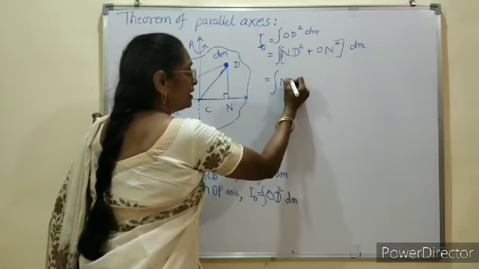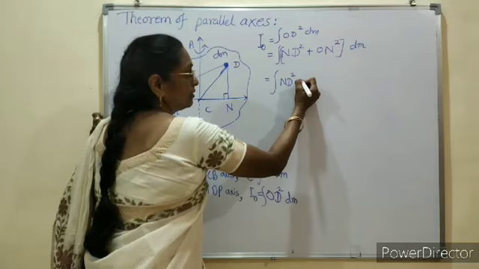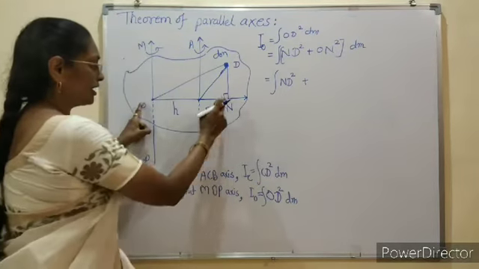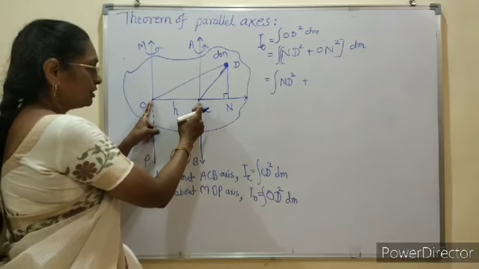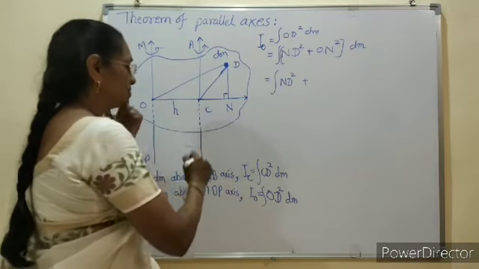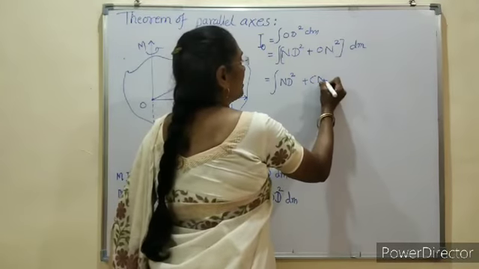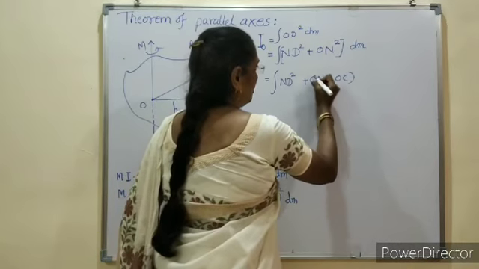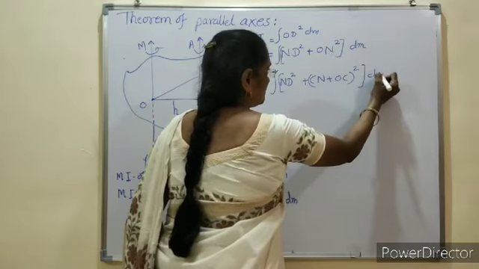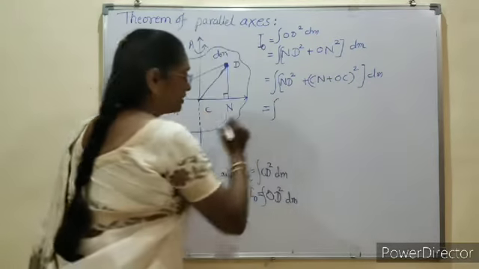Integration of ND square plus, now ON square can be written as OC plus CN square, or CN plus OC whole square. These are simple geometrical steps.